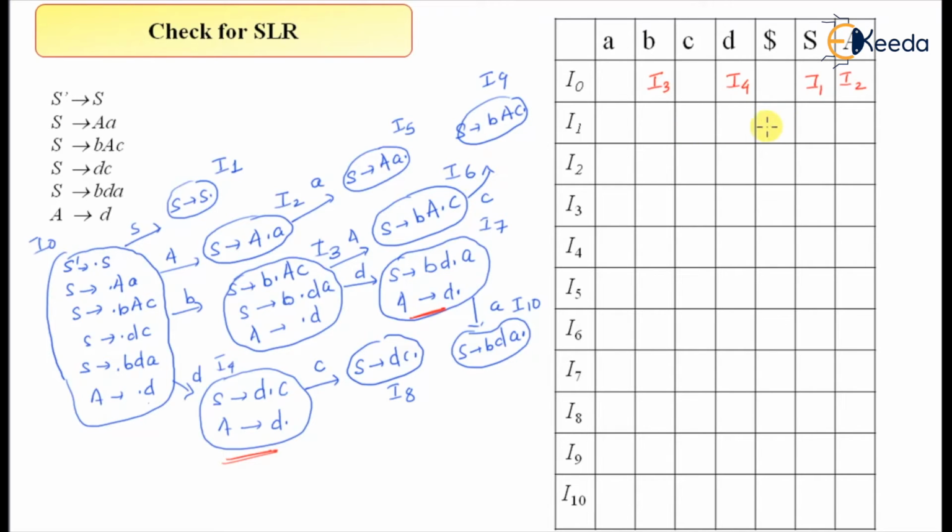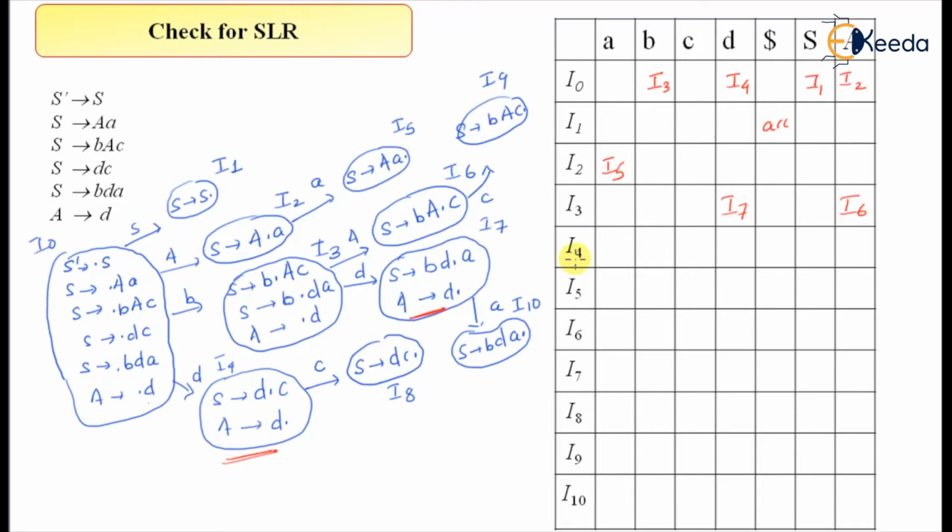I1 is a special state, dollar accept. I2 on input small a, I5. I3 on input capital A, I6. I3 on input D, I7.